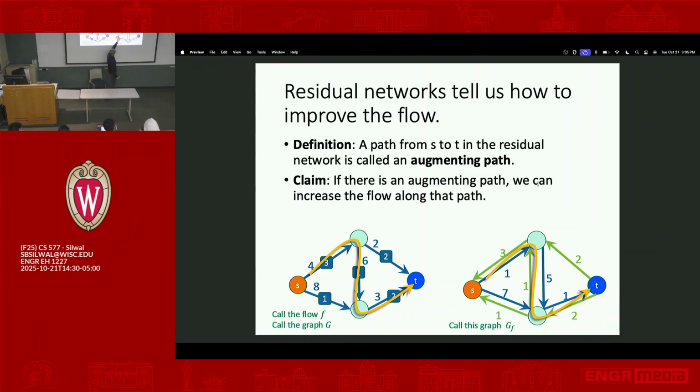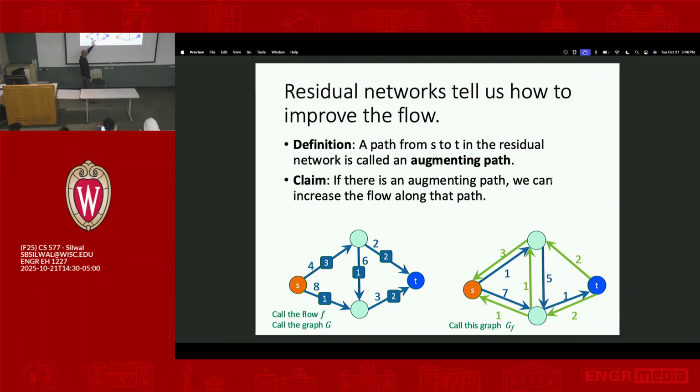And the point is on this graph, I can use both the blue edges and the green edges. So for instance, this is one path on this graph. Let me backtrack. There is this graph, which comes from this flow.